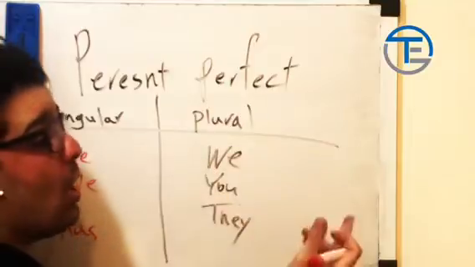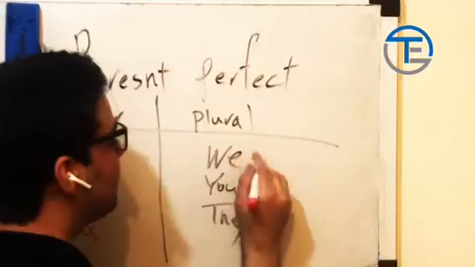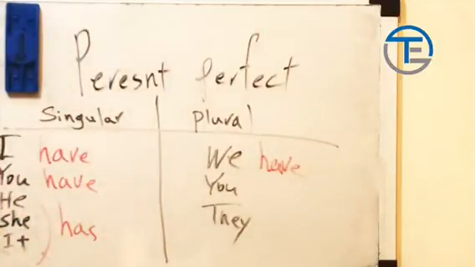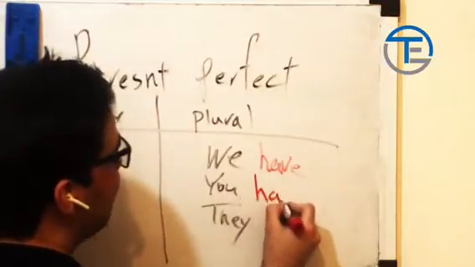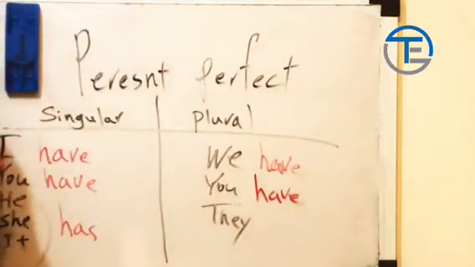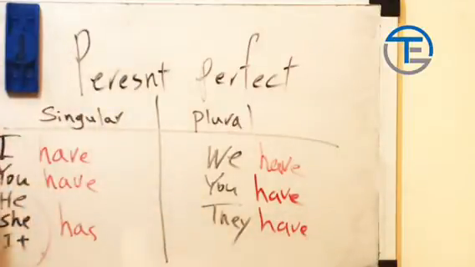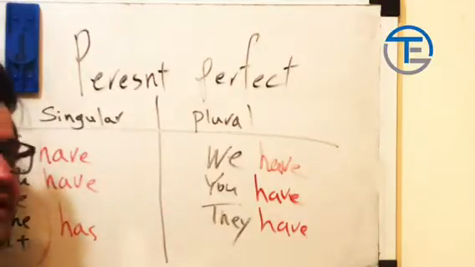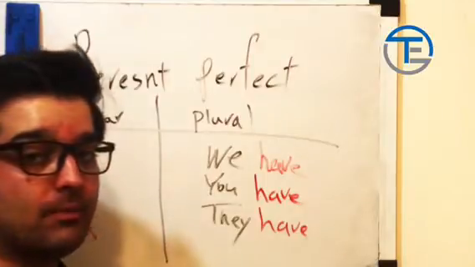Next, we are. Do you have s? No. So you can write have. Next, you are, we say, so you have to write you have. They are, they have. After have, you have to write your main verb in the past participle form.